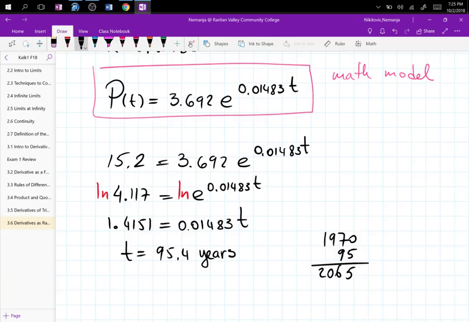So better models are introduced later in Calculus 2 for this, and even better models are introduced later in differential equations, which Calc 2 is a prerequisite for.